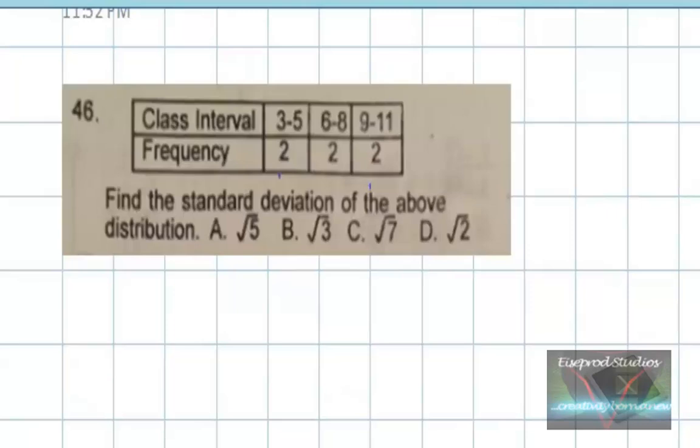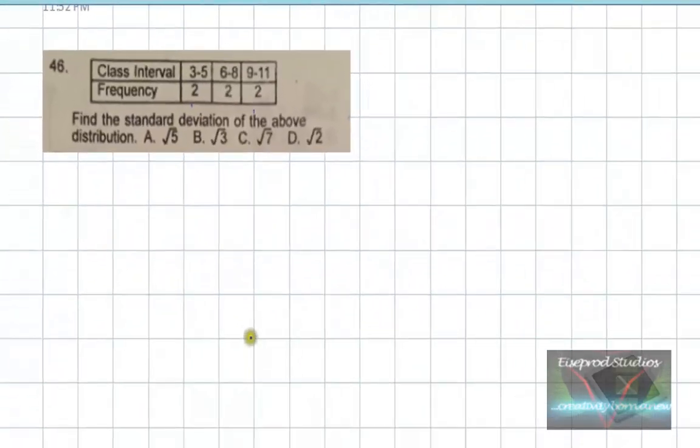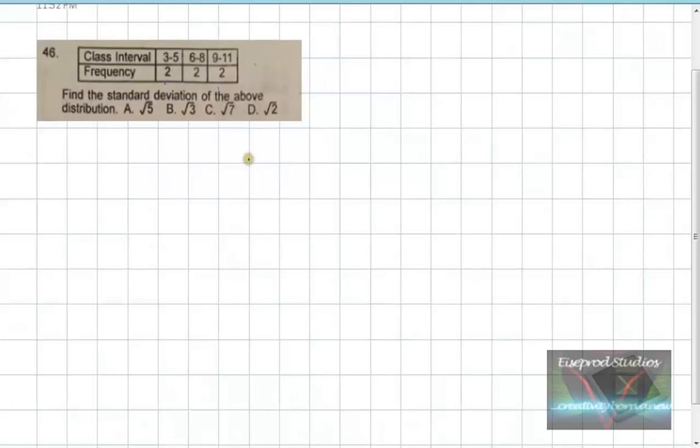Question 46 is a question about standard deviation, and it gives us a distribution in the form of a chart, or a table. So essentially what we need to do is find the average, or the mean, and then use that to help us calculate the standard deviation.